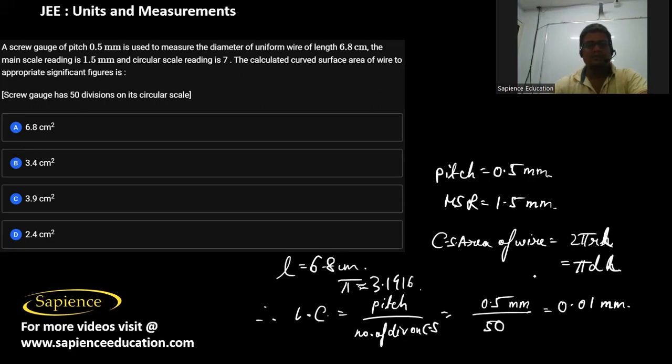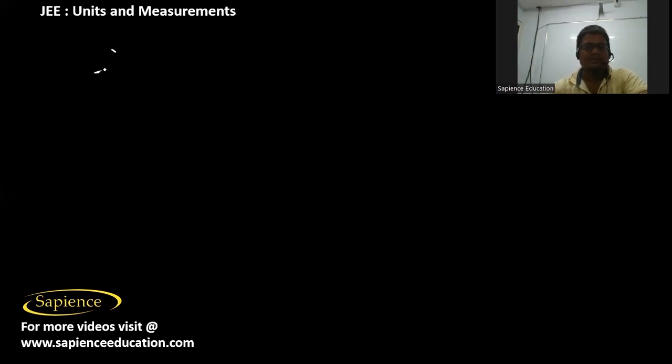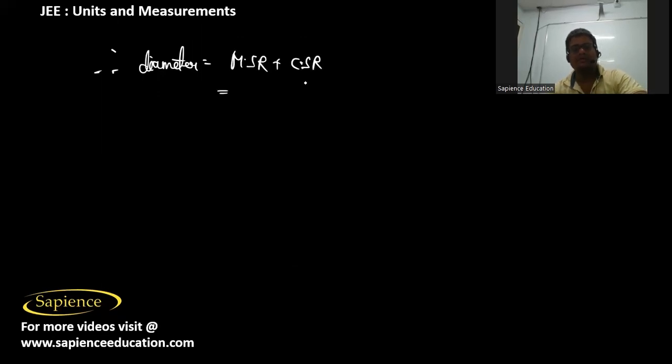Therefore, the main scale reading is this. So the zero error is not told here, so we have to take it as 0 only. So the diameter of the wire is the main scale reading plus the circular scale reading into the least count.